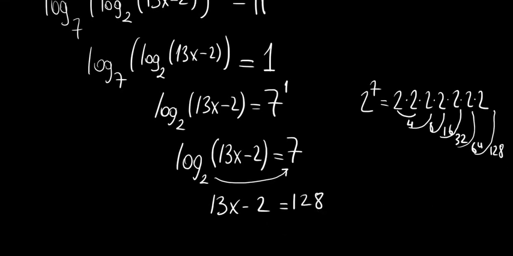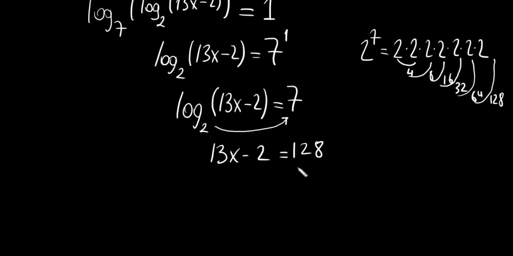And I add 2 to both sides to get the 13x. So 13x is going to be equal to 130, because negative 2 plus 2 is going to be 0, and 128 plus 2 is 130.